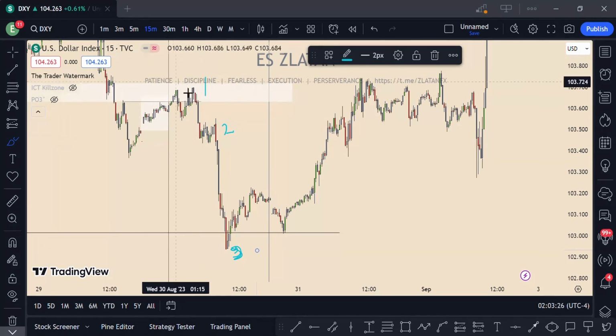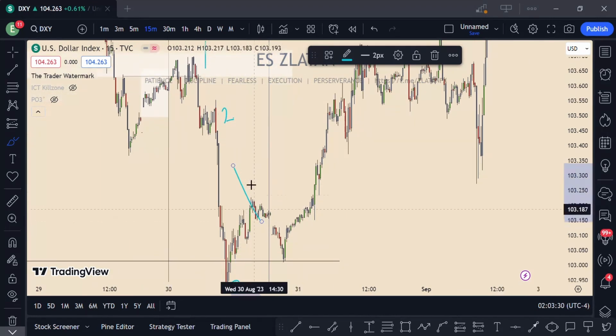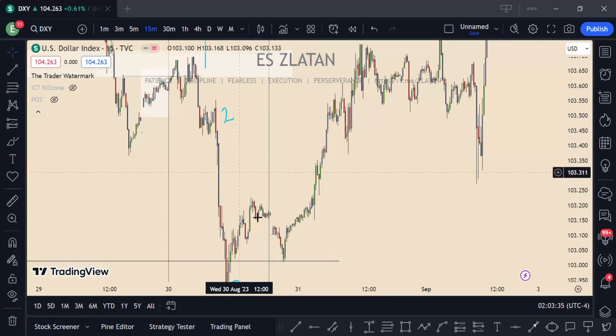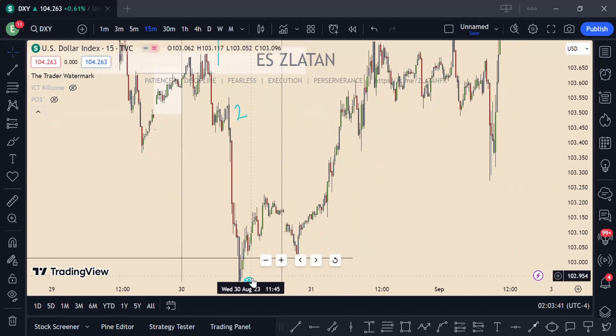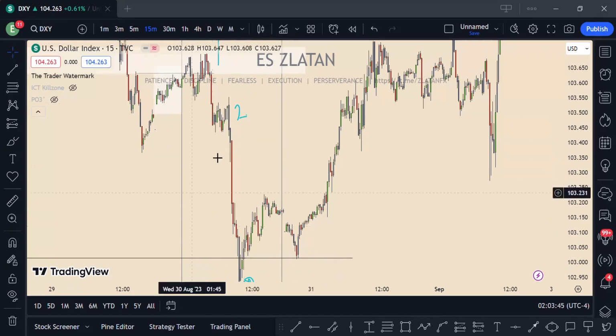Could have used this order block as your entry technique. Yeah, turtle soup into this and OTE and the low close, right? Of the low. And so this could be your whole model, right?